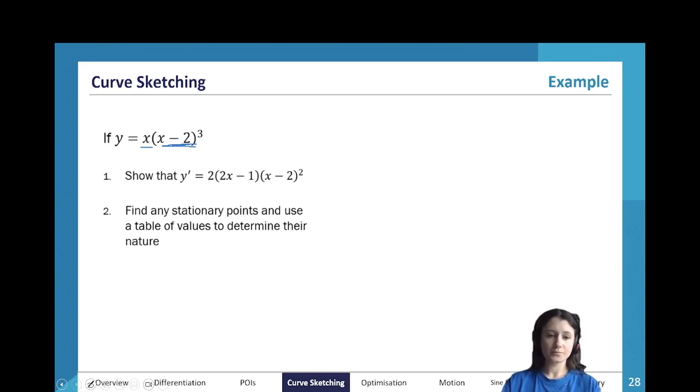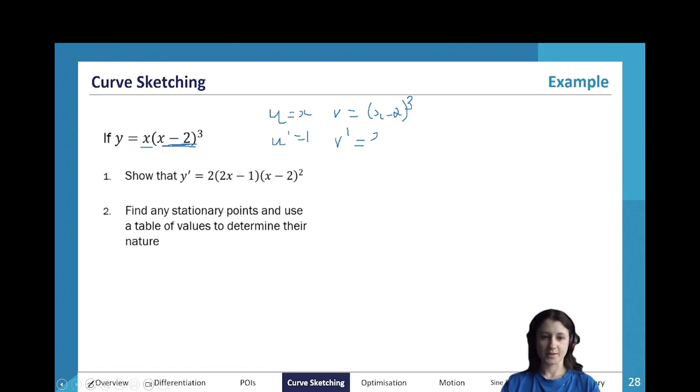So we're going to let u equal x and v equal x minus 2 cubed. u dash equals 1, and here we need to derive that function there. So now we need to use the chain rule, right?